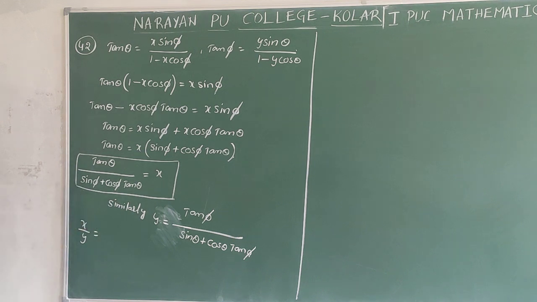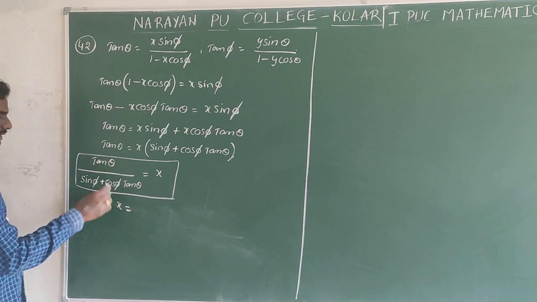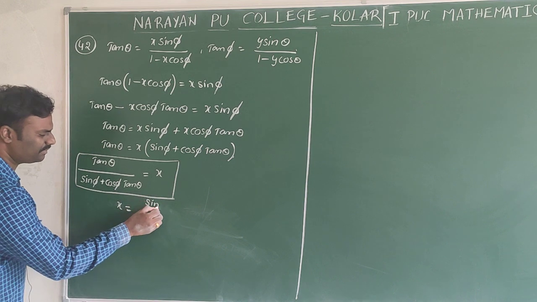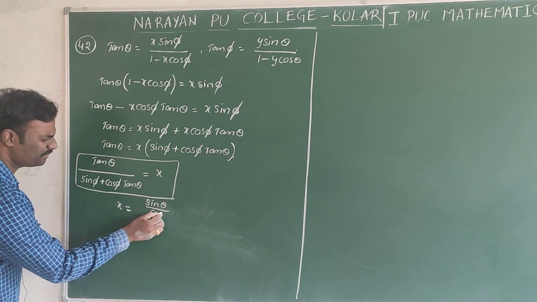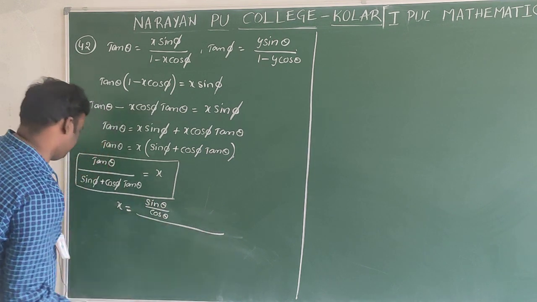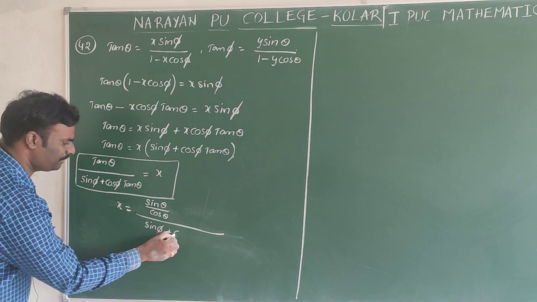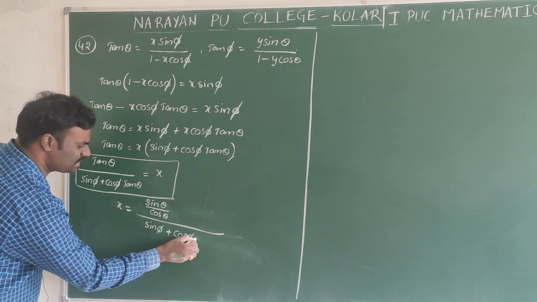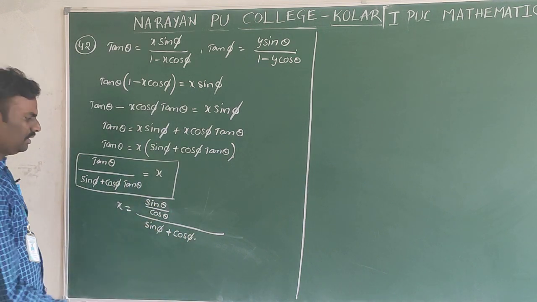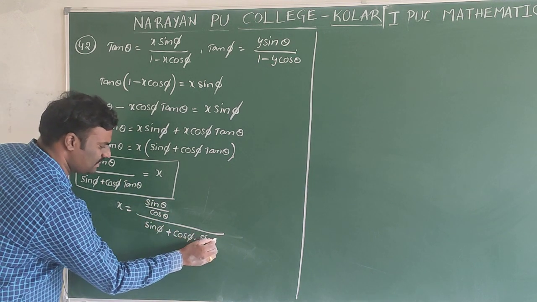Next, I am finding x by y. If you take x by y, this tan can be written as sin by cos by sin phi plus cos phi, and this can be written as sin by cos.